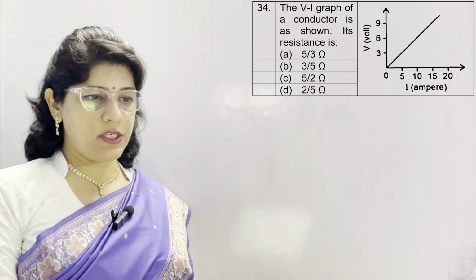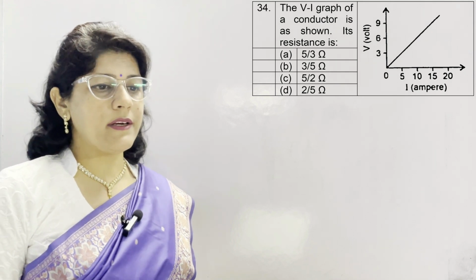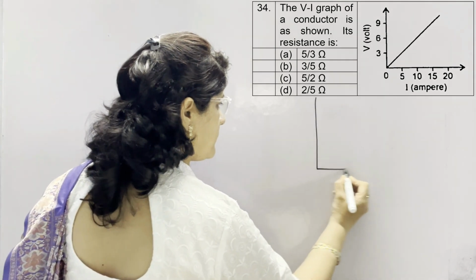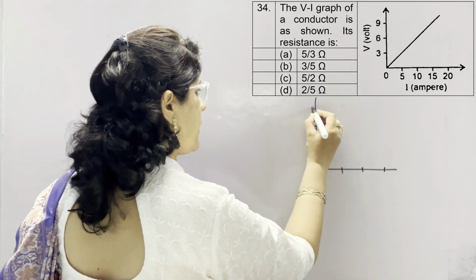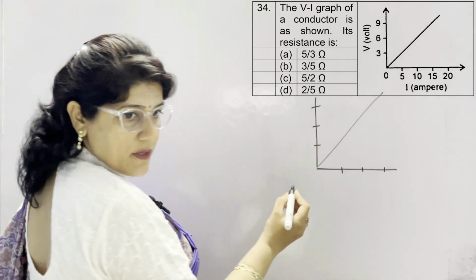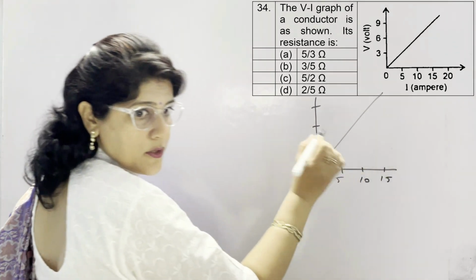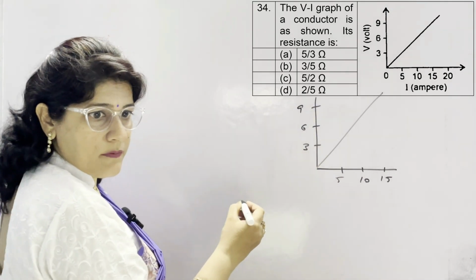In question number 34, the VI graph of a conductor is as shown. Its resistance is, here values of the graph are given. Values given are, 3 values are given here and 3 are given here, and linear variation is there. Positive slope is there. Value is 5, 10, 15, 20 and here 3, 6 and 9.